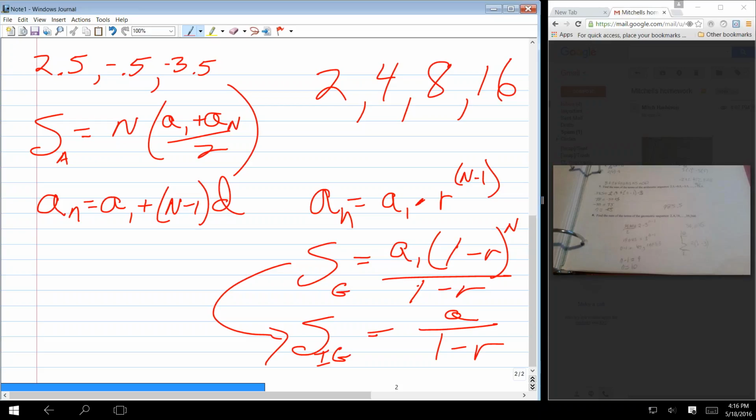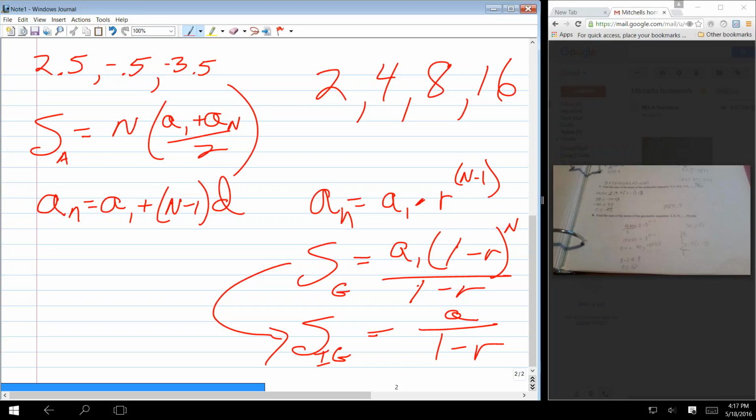I don't think that's right for the summation. Let me get my book. Yeah, but a sub 1 is not in the parentheses. It's all 1 minus r to the n over 1 minus r, times a sub 1. Okay, I'm not sure that helped me.